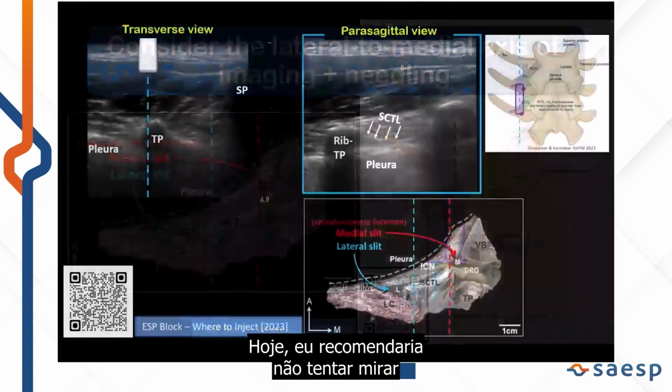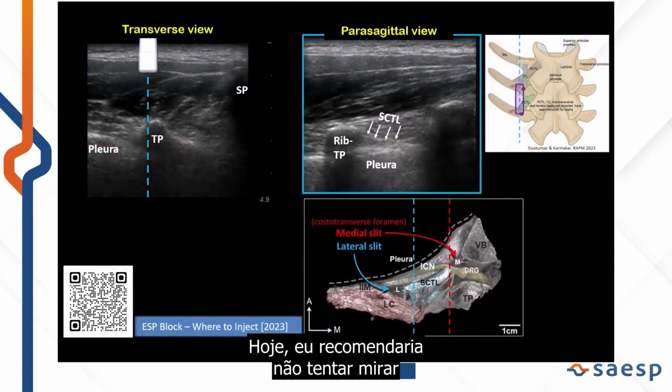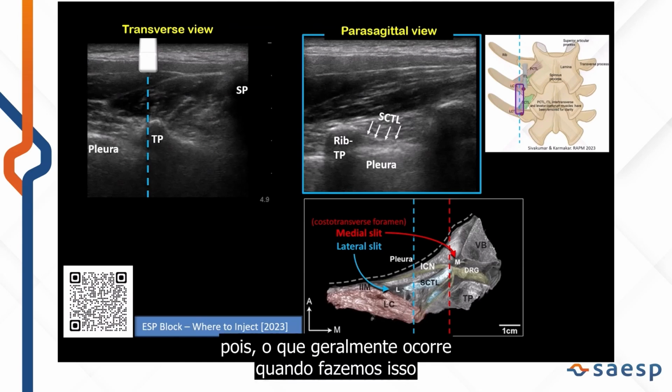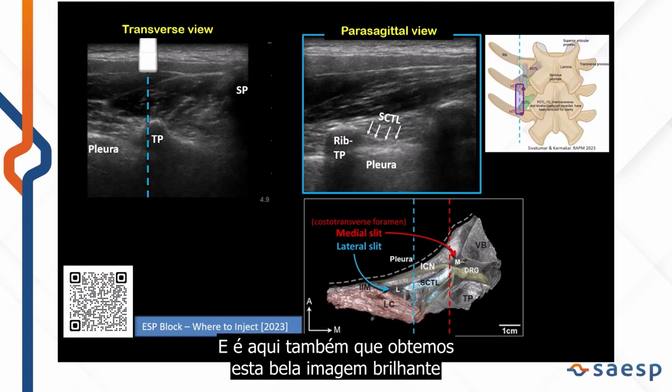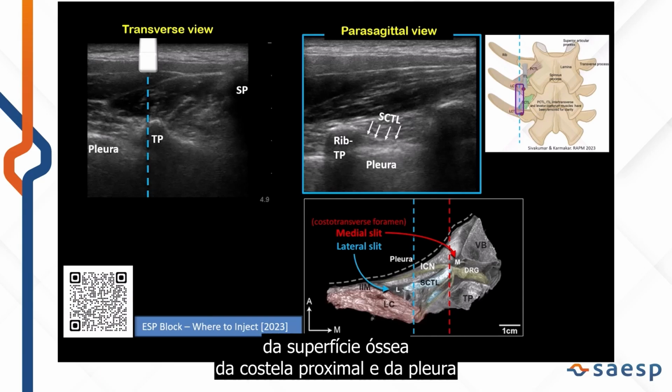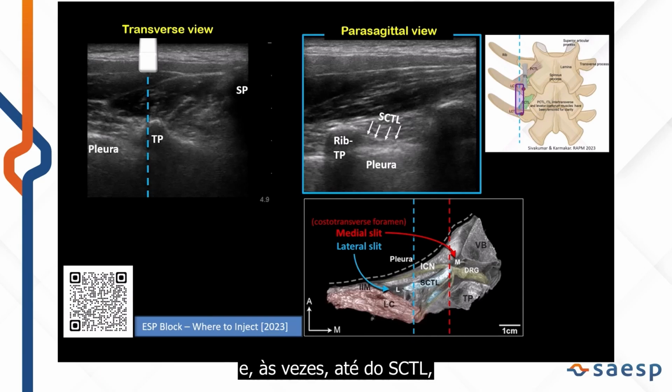And nowadays, I would generally recommend not necessarily trying to target the very lateral tip of the transverse process. Because what often happens when you do this is that you can end up even more lateral, in the plane of that rib transverse process articulation. And this is also where you get this nice bright image of the bony surface of the proximal rib and the pleura, and perhaps even sometimes the SCTL, or superior costotransverse ligament.